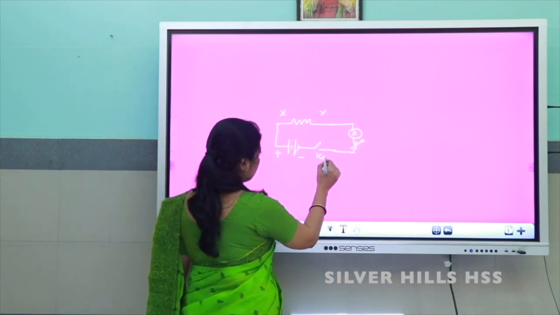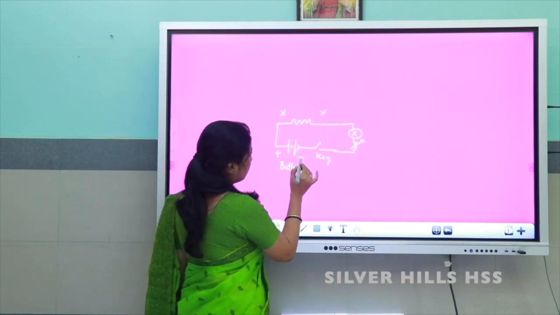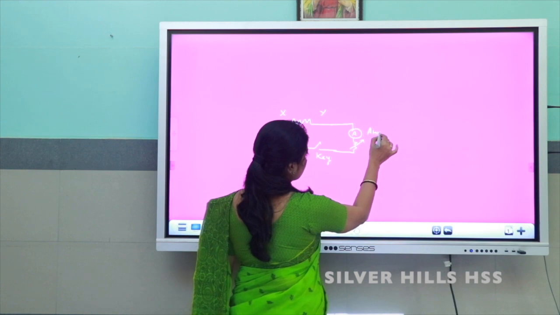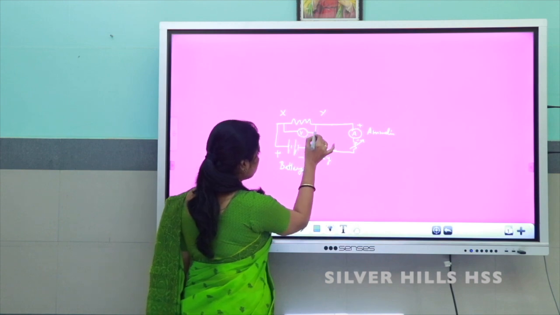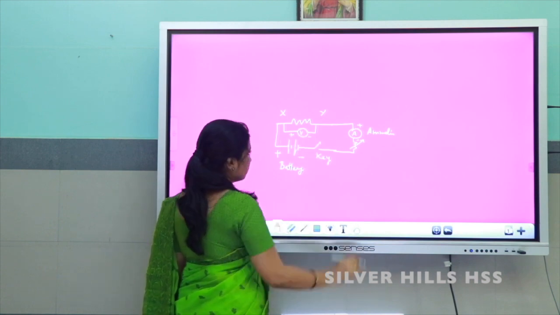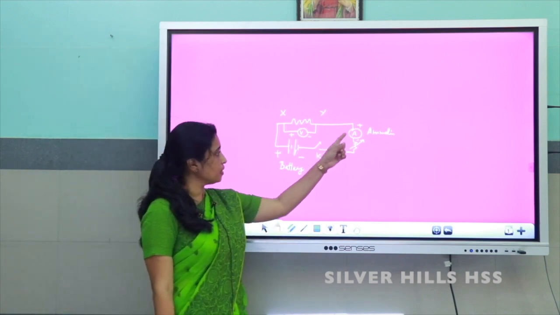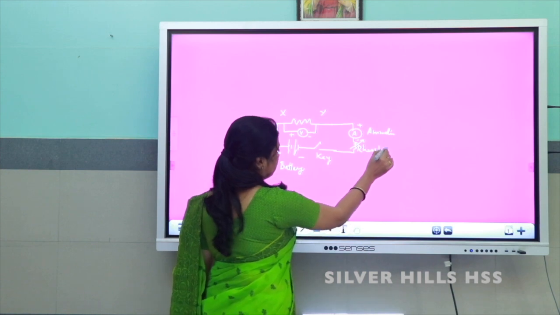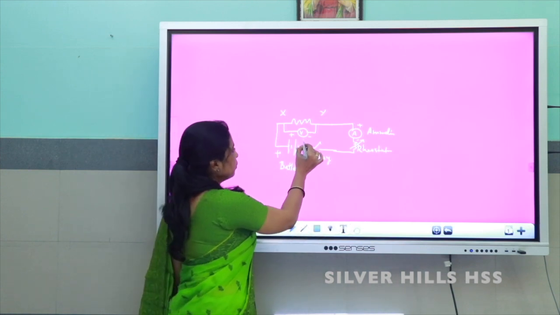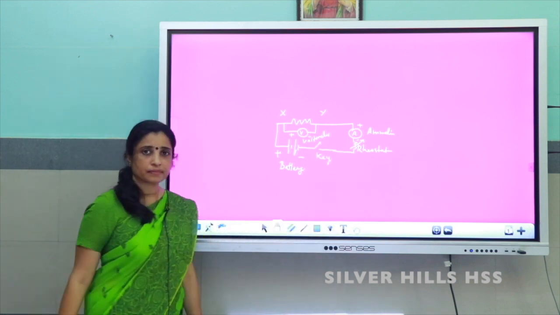This is the key, this is the battery, here you have the ammeter, and across this conductor a voltmeter is connected to measure the potential difference.